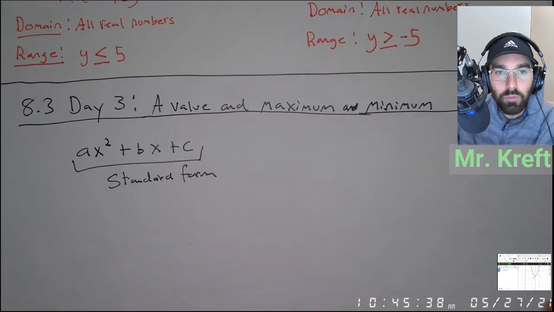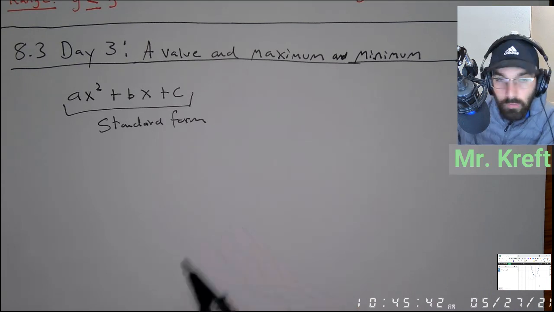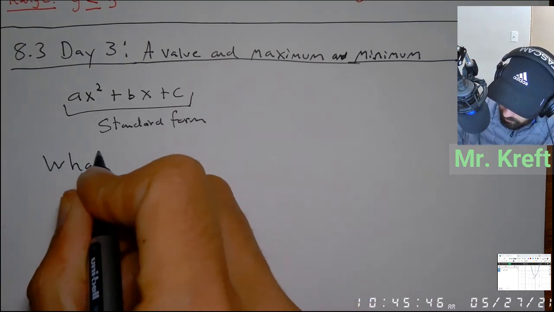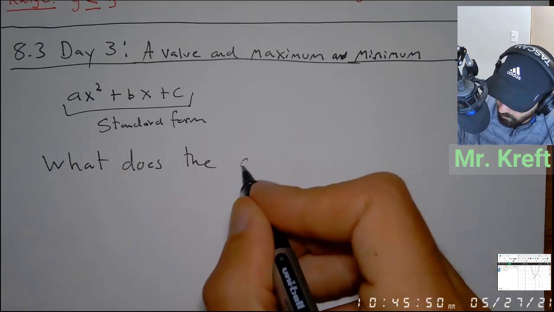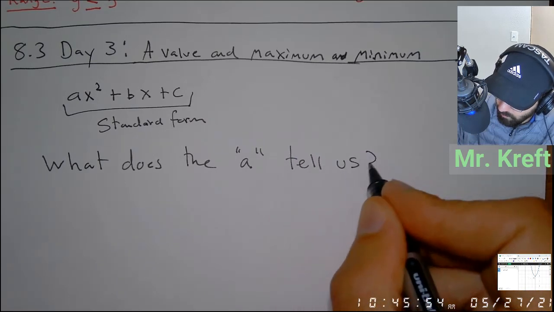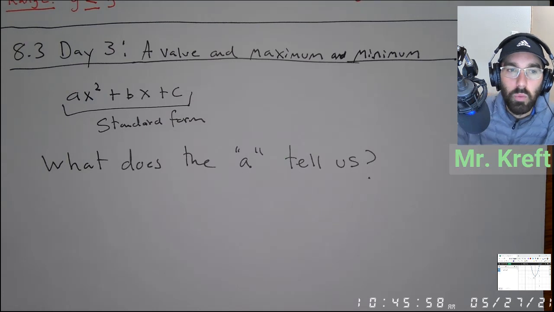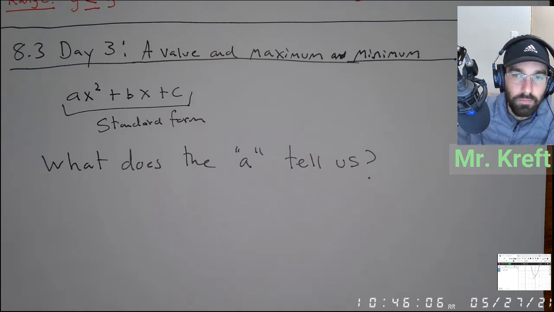And what we want to take a look at today is, what does the a tell us? Okay, that's what we want to look at today. And then we're going to use these fancy words, maximum and minimum, to describe those things.